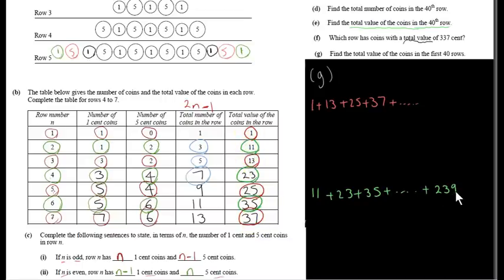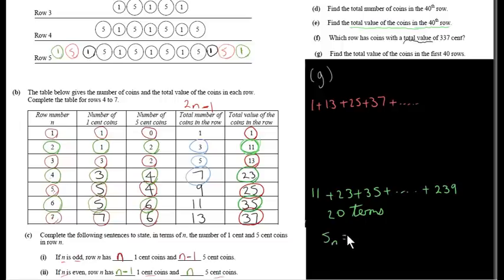So how many terms are there here? Well, if you think about it, there's exactly 20 terms, because I start off by circling n equals 2, then n equals 4, n equals 6. So we have 20 terms here. So we can now sum this series.